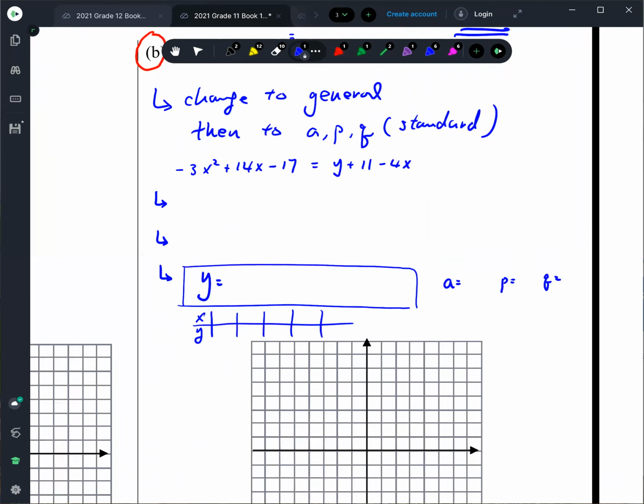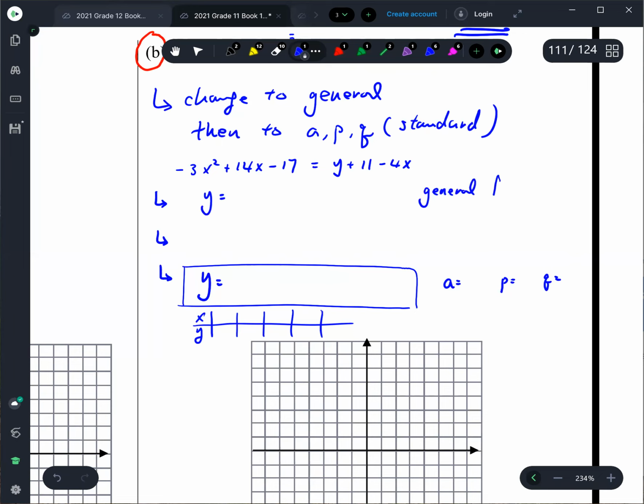Okay, by now you should have the general form at least, right? Let's check the general form. Mackenzie, do you have the general form? Mackenzie, are you there?